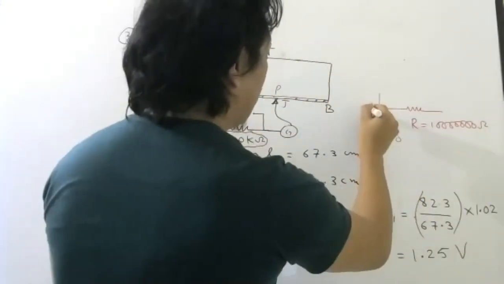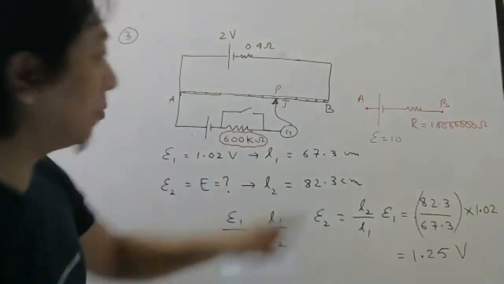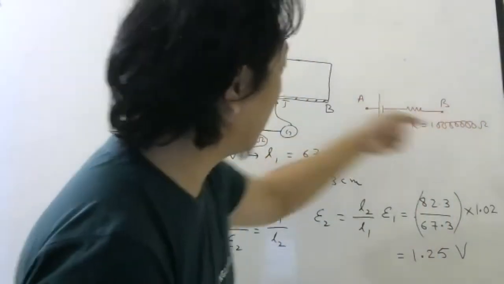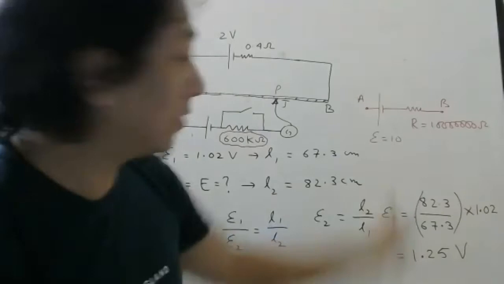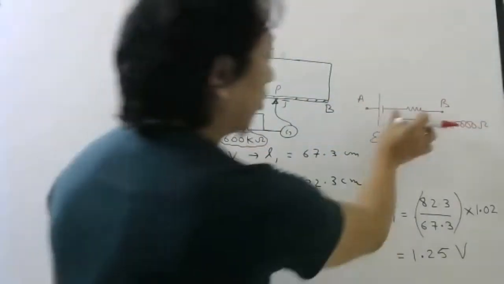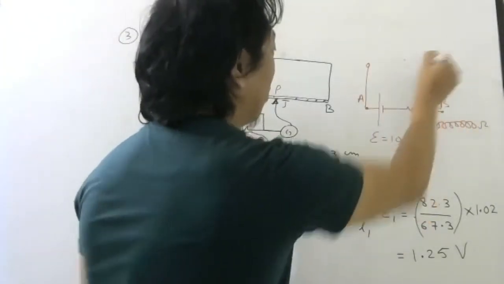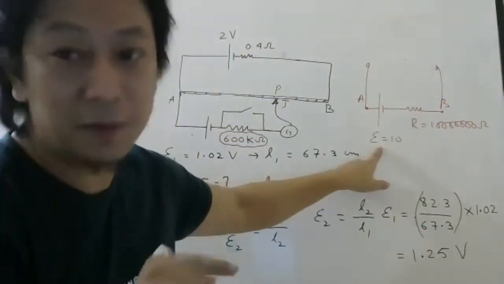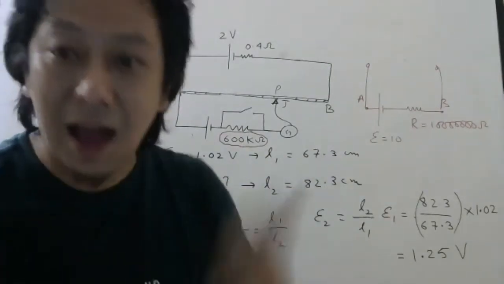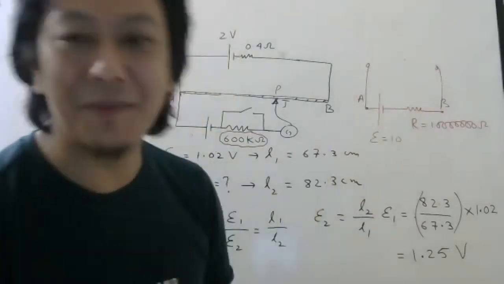Now, if I want the potential difference between these two, and no current is flowing this way or that way, then you know there will be no voltage here. So the voltage here will be directly the voltage of the EMF, right? Terminal voltage, E minus IR. I is not there. So no matter how much R you keep here, it doesn't matter.